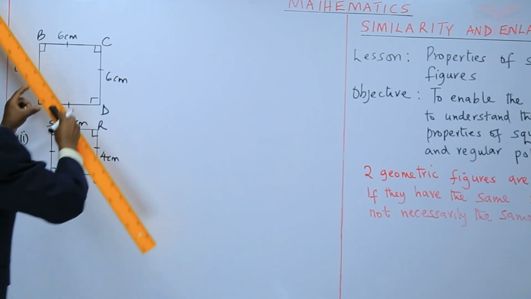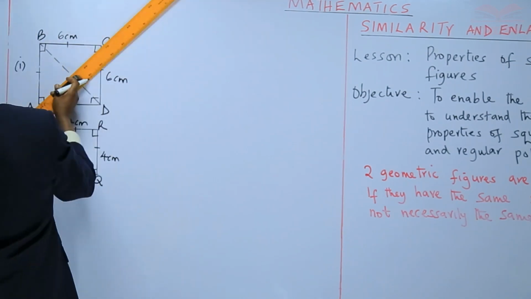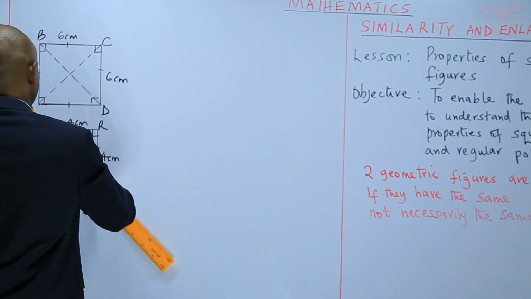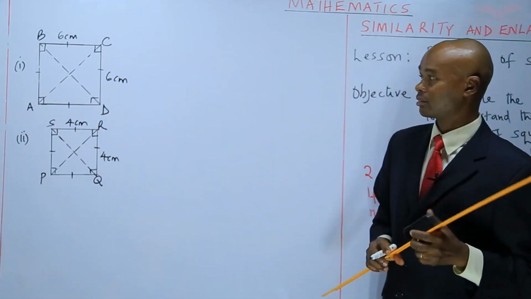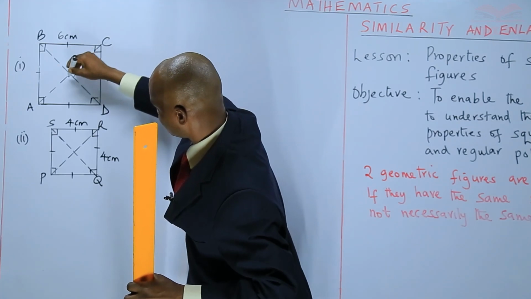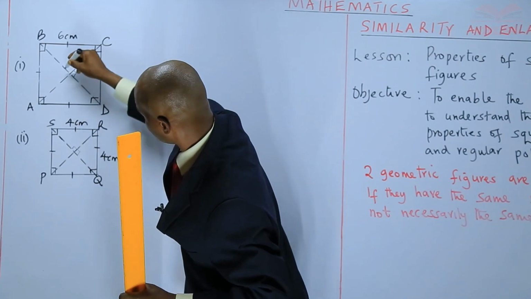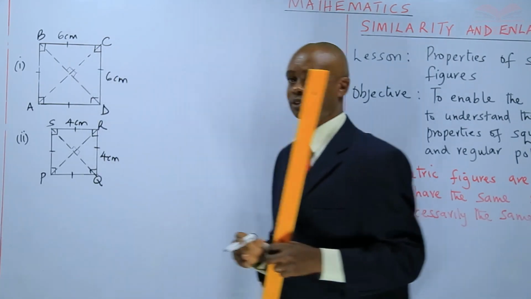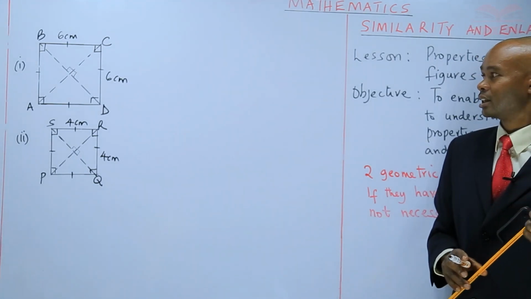We can also look at the diagonals. The diagonals intersect at right angles.